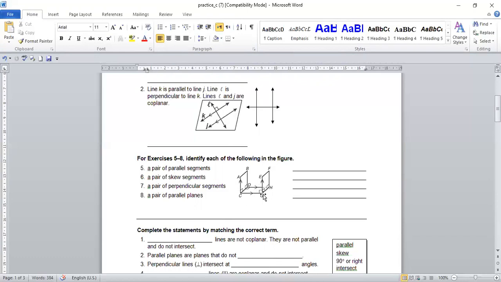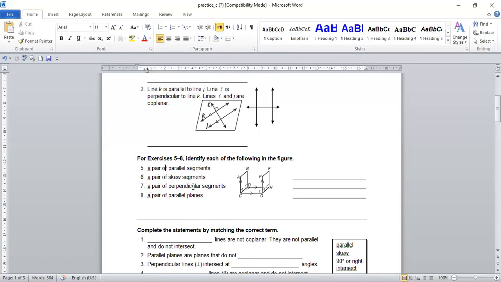It can be GH, because AC is not related to GH. Or it can be BD with CG, because again there is no apparent relationship between BD and CG. So any two lines which have no relationship between them are called skew segments.